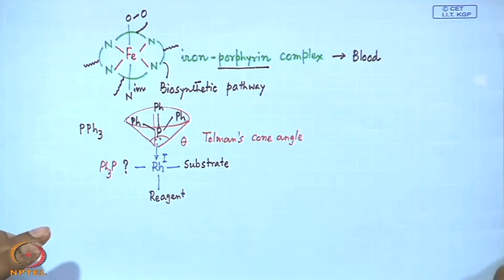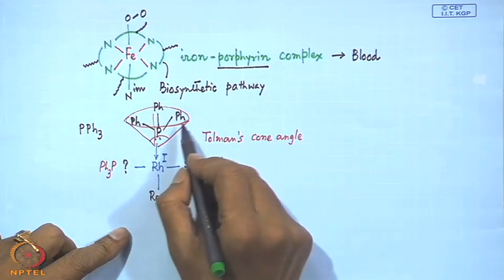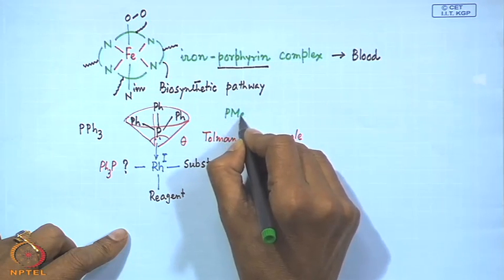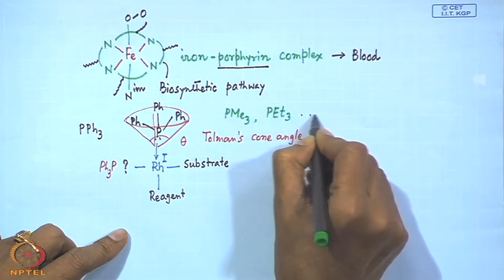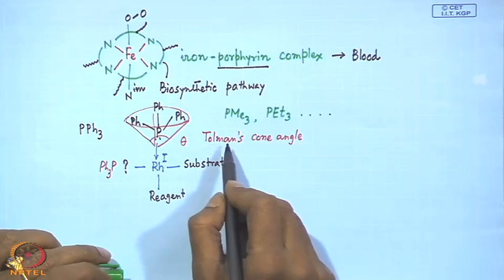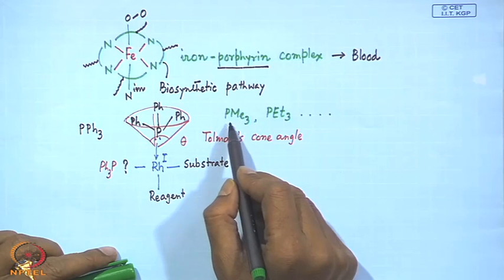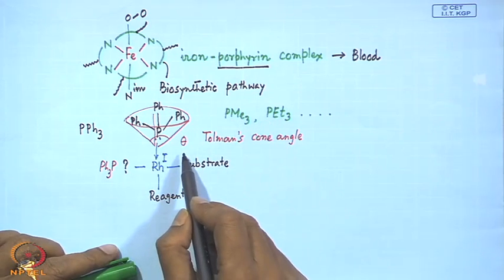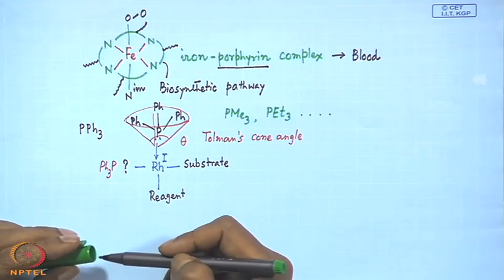If we vary from one system to the other, within the phosphine alone we can have large amounts of substitution, getting PMe3, PEt3 and all. So, we can have different phosphine cone angles. This particular one will have some reactivity when substituted by trimethyl phosphine, and when trimethyl phosphine is substituted by triethyl phosphine, we have a different cone angle, and the reactivity pattern on the rhodium center will also be different.